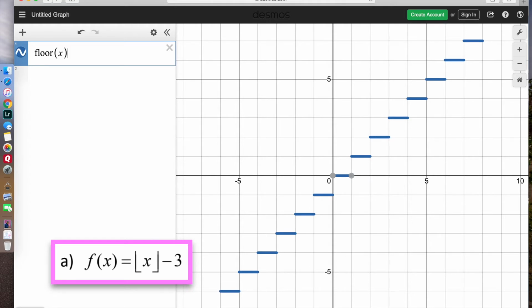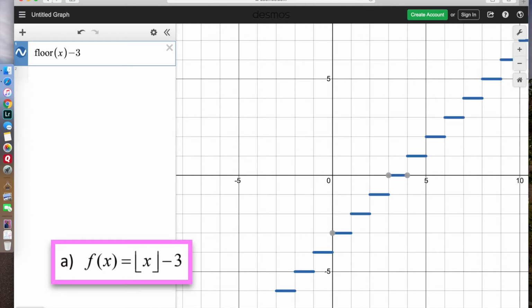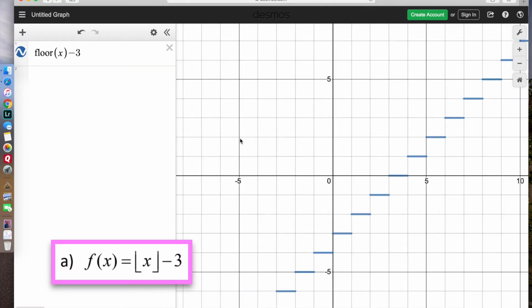Now, before I include the -3, notice that I've got the parent graph of the floor function, and unfortunately, Desmos gives you both of those as closed circles, even though the floor function actually would be undefined at this point and defined here at 1, 1. This shows it not a function, and that's not correct. So when you draw that, you can't draw it that way. Anyway, coming back up here, I'm going to shift this function down 3, so -3. And what I would do if I were you is then compare.